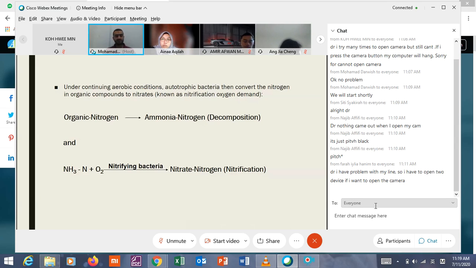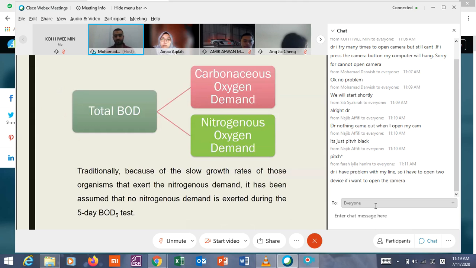It will start to decompose the organic nitrogen, which is the ammonia nitrogen, to nitrate. That's what we call the nitrification process.